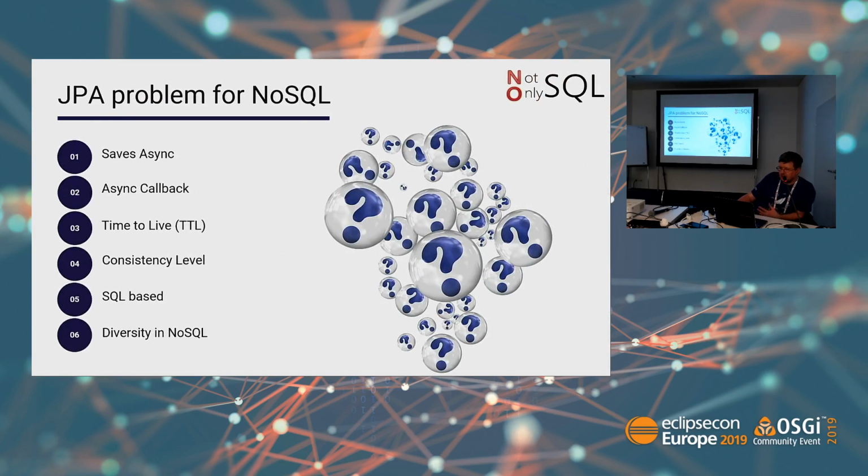There are several differences where JPA does not work that well, although as we'll see soon, there are some existing frameworks that try to access NoSQL systems via JPA, but there are certain differences that do not make them the most natural match.